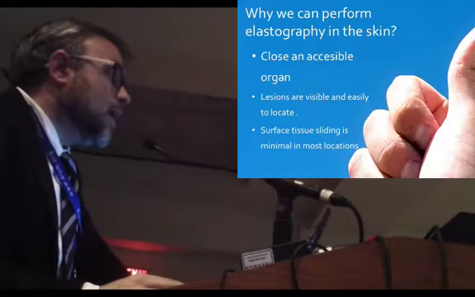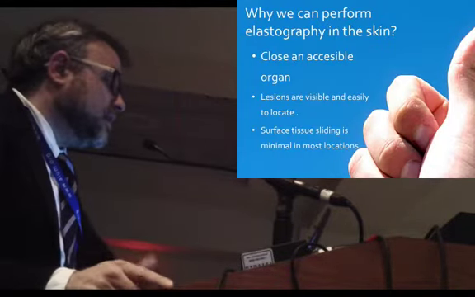Then elastography is going to give us some hints about what's really happening with the physical properties of the tissue. That would have a correlation with what's happening with the skin, helping us, I think, to detect diseases earlier.